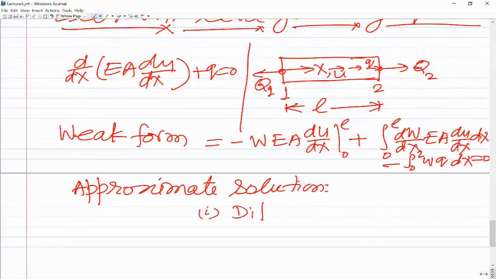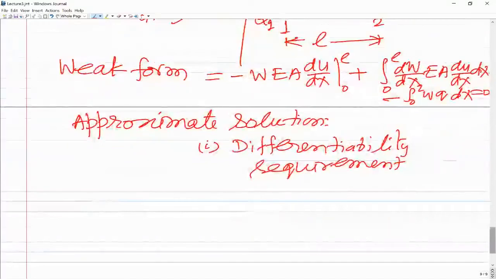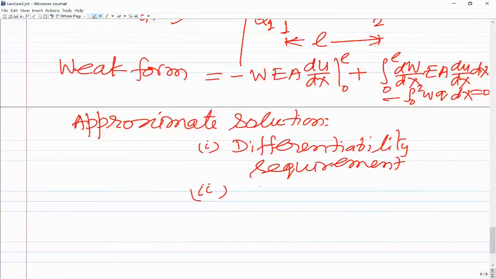One is the differentiability requirement, that is basically the continuity within the element. Then the second is inter-element compatibility.